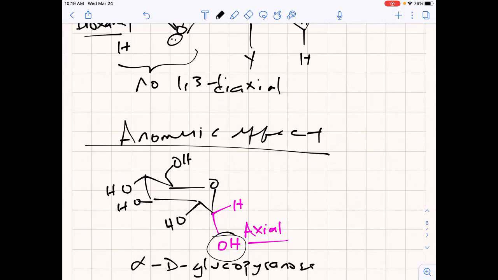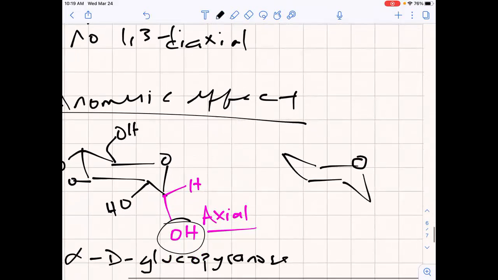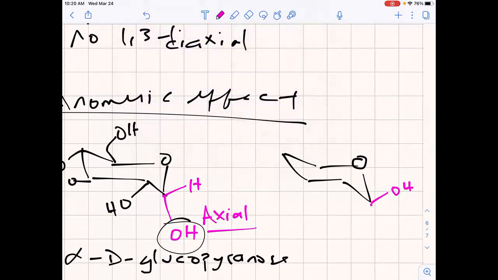And then in the beta version, all right, this is the beta version where that OH is now equatorial.